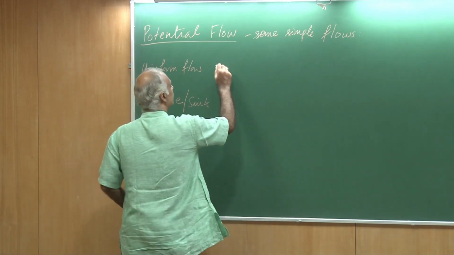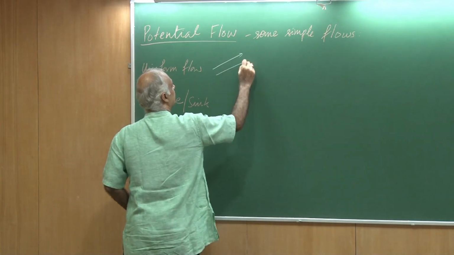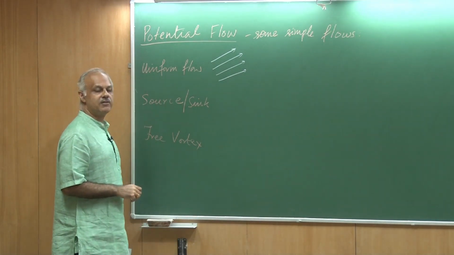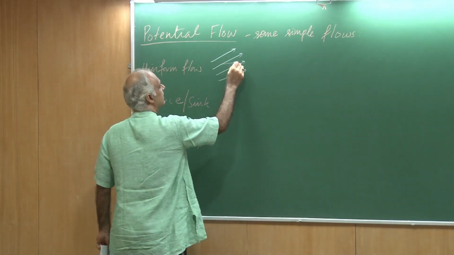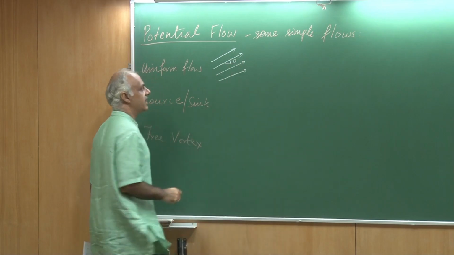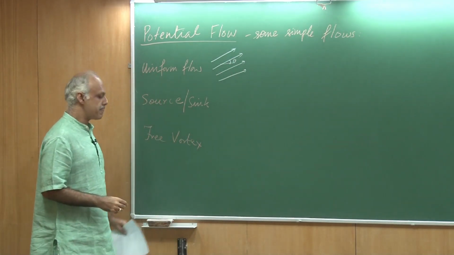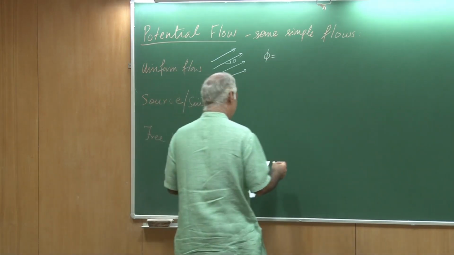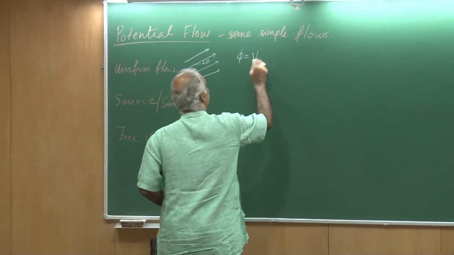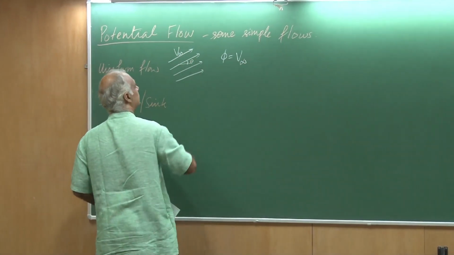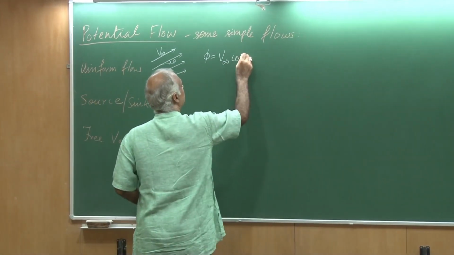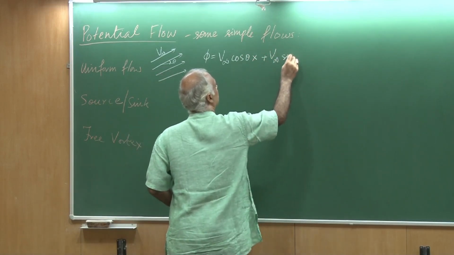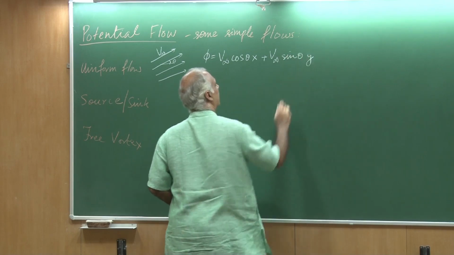A uniform flow is essentially flow that is exactly the same everywhere, and the streamlines are inclined at an angle of theta to the x axis. So for such a flow, we said the velocity potential is simply given as v infinity, if v infinity is the speed, cosine theta times x plus v infinity sine theta times y.